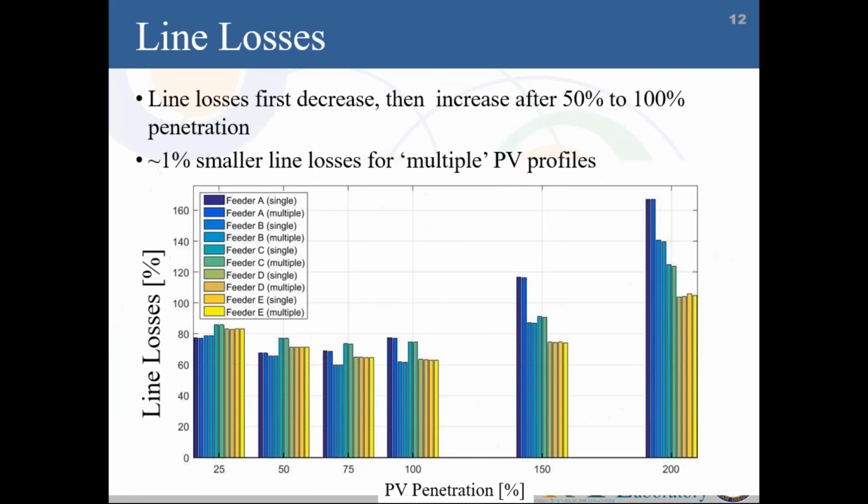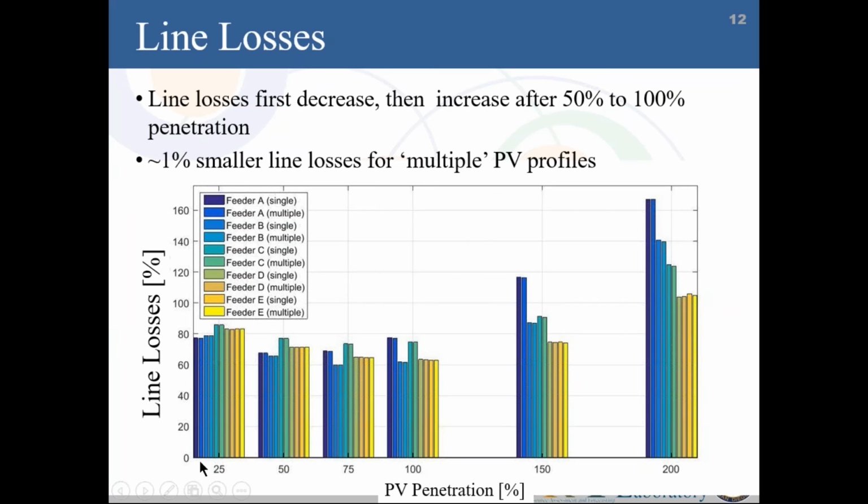So now we'll first look at one parameter that's maybe the most accessible parameter to most engineers, and that is the line losses. These are associated with the power going through the power line. You have a current flowing there, and then the resistance of the power line will cause a loss, and the power lines heat up because of that.